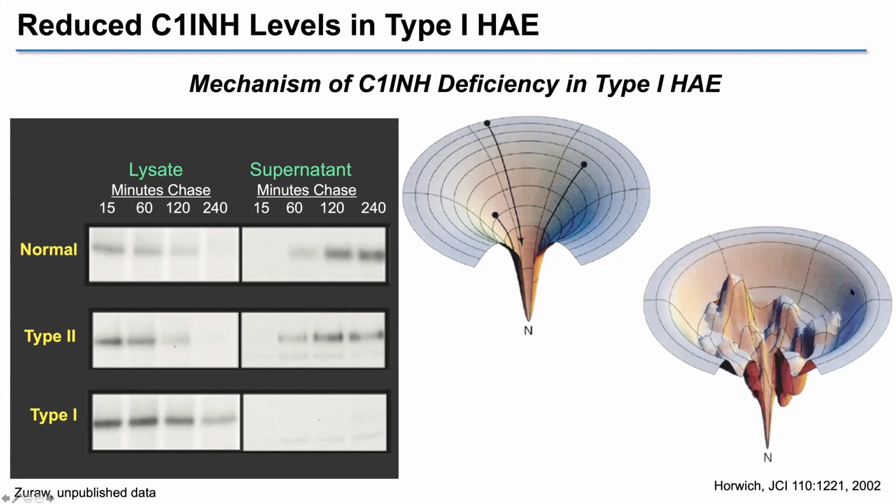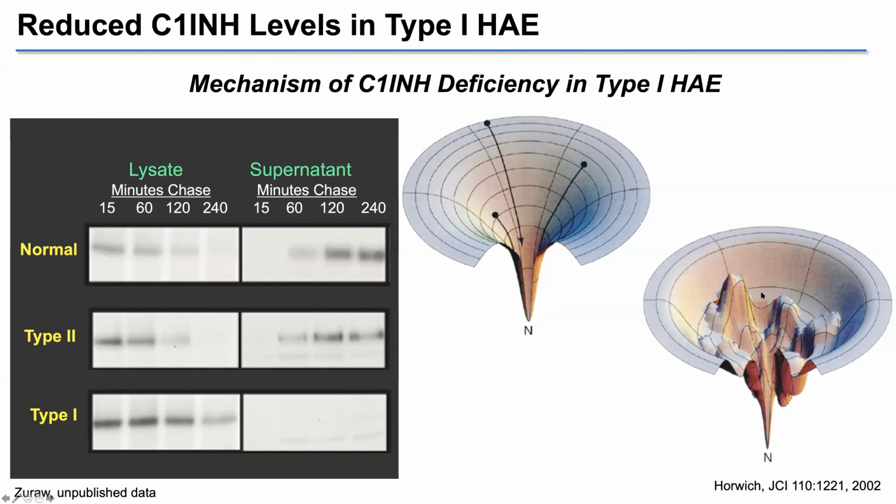But when you talk about large proteins, and in particular large glycoproteins like C1 inhibitor, and even more importantly, proteins that have a hard time folding because they're under a lot of stress, the thermodynamic gradient becomes lumpy bumpy with these mountain ranges that can trap proteins so that they don't fold properly.